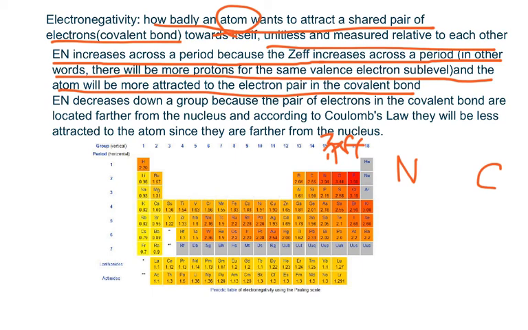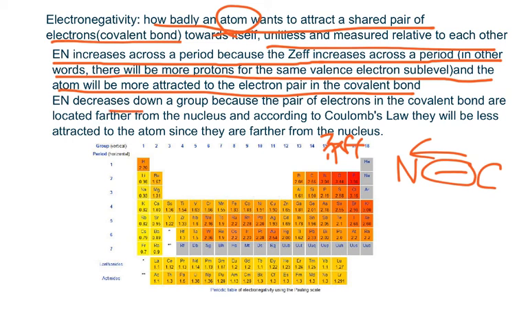So since N has a higher Zeff, it pulls electrons closer, so it wants to pull them more badly. So N will have a higher electronegativity. If you have a bond between N and C, then N will want to pull this electron pair in the covalent bond toward itself more so than carbon does. And we'll talk about this in future videos when we talk about covalent bonds.